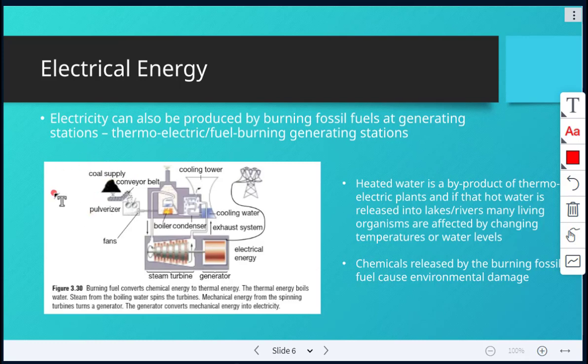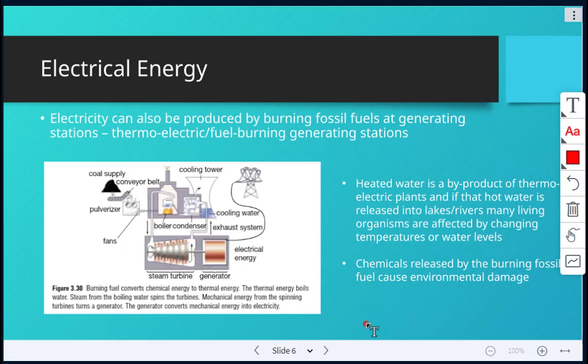That thermal energy will boil water, and then steam will be produced. That steam will spin the turbines, and then mechanical energy from the spinning turbines will turn the generator, and that generator will convert the mechanical energy into electricity.